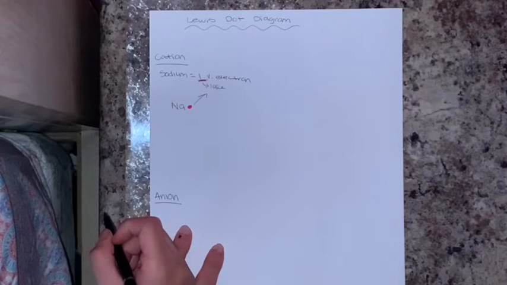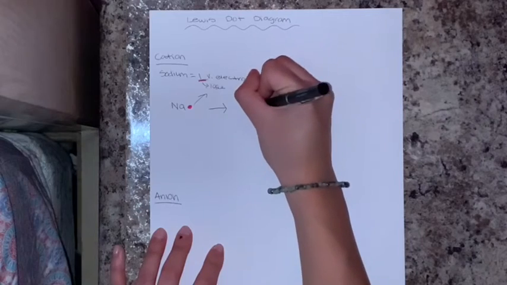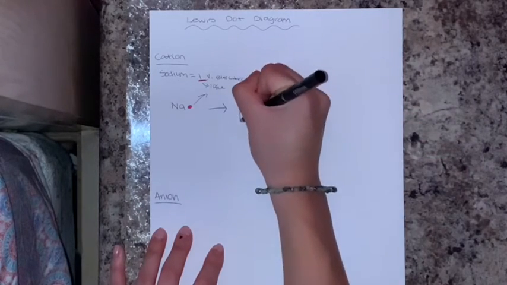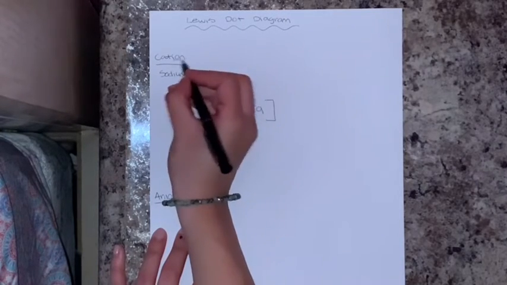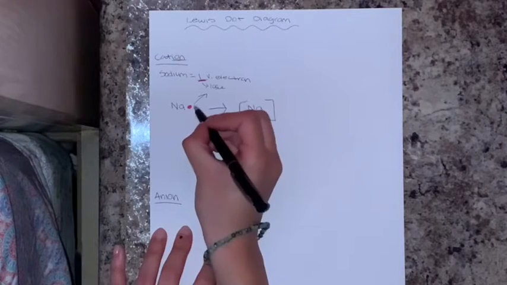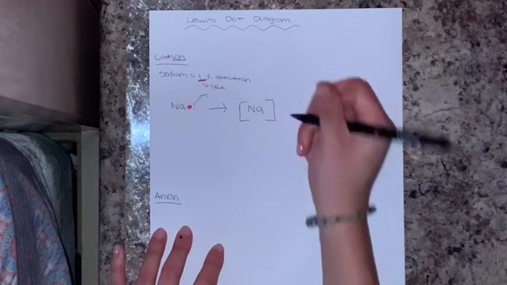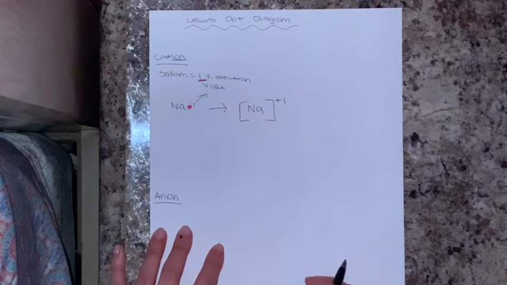So we're going to get rid of that valence electron, and we're just going to put Na in brackets. And it is positive because we are losing that electron, so there's going to be more protons than electrons, creating a positive charge of 1.